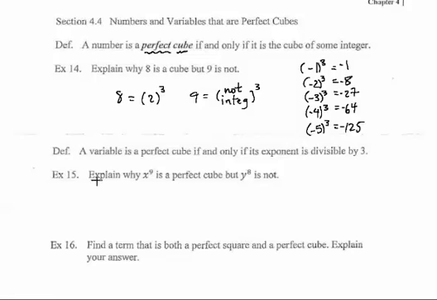Now for 15, just like the squares, the variables are the easiest ones because we simply have to look at the exponents of the variables and ask ourselves whether they're divisible by 3. So x to the 9th is a perfect cube because x to the 3rd power cubed gives us an x to the 9th. 9 is divisible by 3.